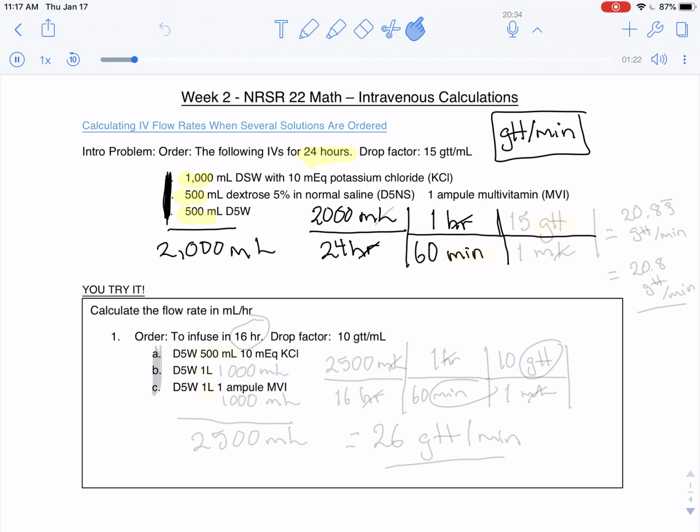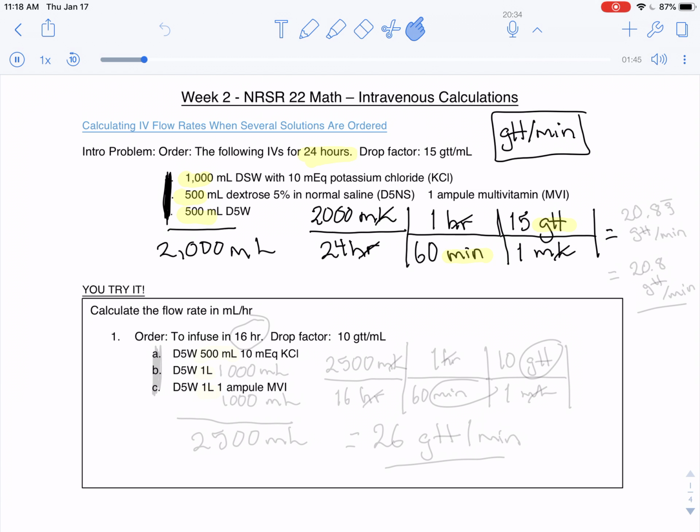And as for the milliliters, we have a factor of 15 drips per milliliter. So then we could drop 15 drips on top, and we can drop 1 milliliter at the bottom, so that can cancel out the milliliters, and we would be left with drips per minute.